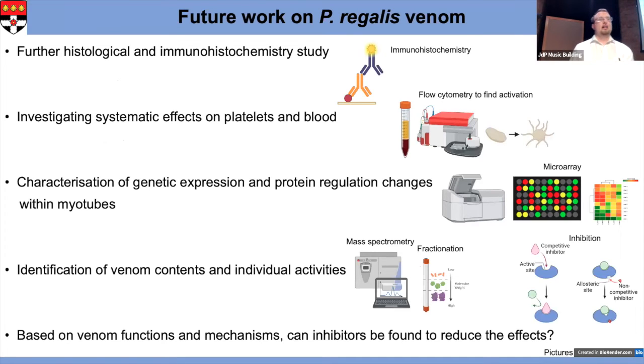In terms of my future work, I will continue doing histological and immunohistochemical studies. I will seek to narrow down the gap in significance in the case of the fusion and atrophy, and gain a more detailed concentration curve there.